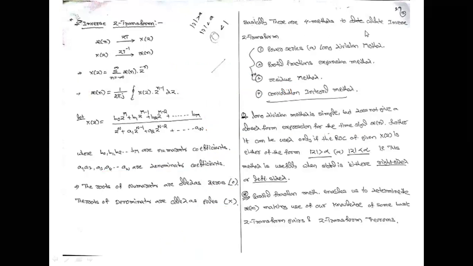Basically, there are four methods to find or evaluate the inverse transformation: by using the power series or long division method, a partial fraction expansion method, a residue method, and finally the convolution integral method also.